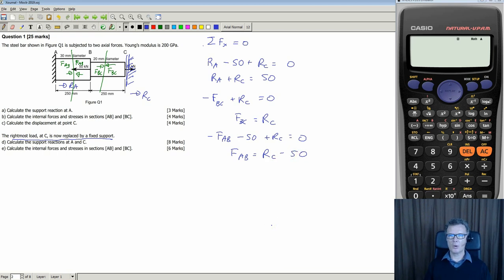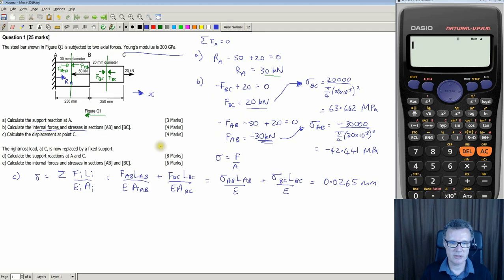So we need another equation to solve this. So we're going to go back in effect to this equation here, and this time we're going to say, well, the point at C isn't moving. So we're going to use all of this again. Let's copy it.